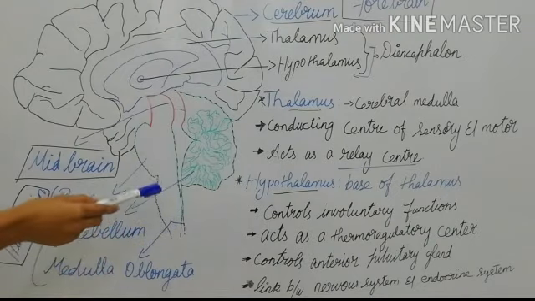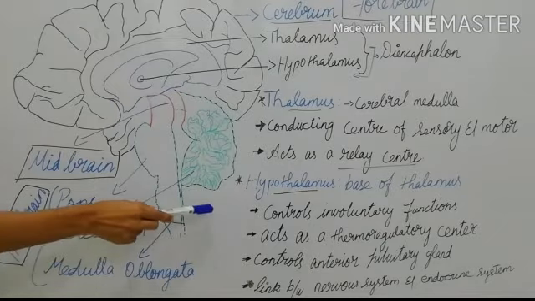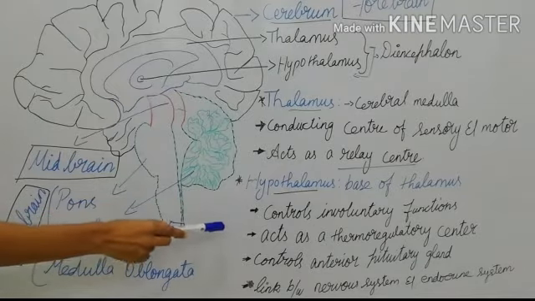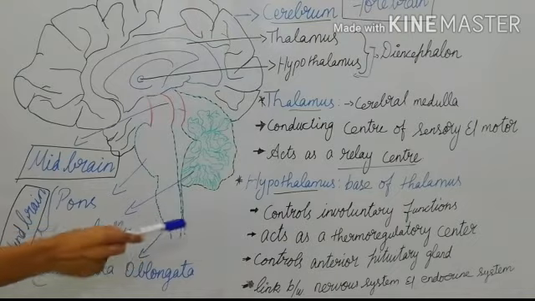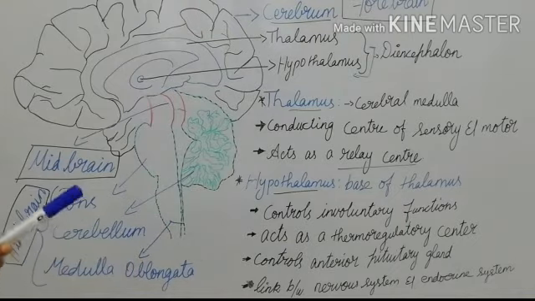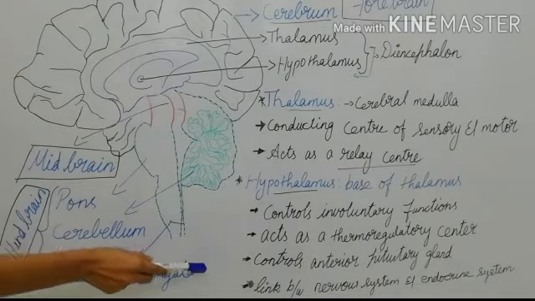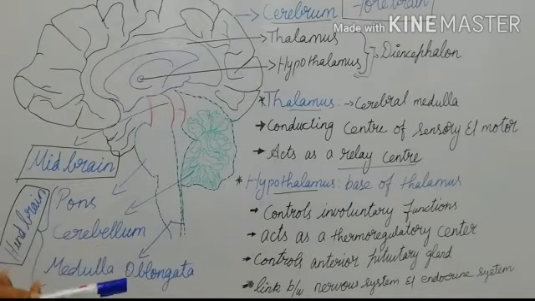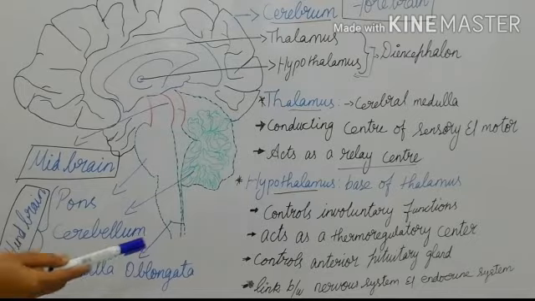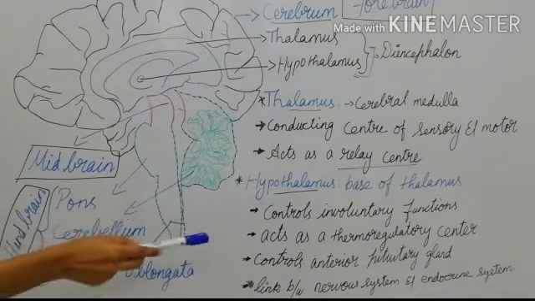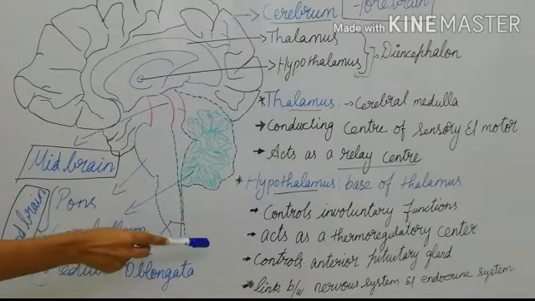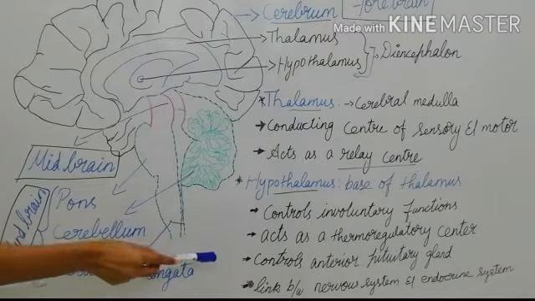This will happen out of our control, that is involuntary function. And it acts as a thermoregulatory center, that is it will control the temperature of our body. It controls the anterior pituitary gland. The pituitary gland will secrete the hormones, and this hypothalamus will control the secretion of hormones from the anterior pituitary gland.